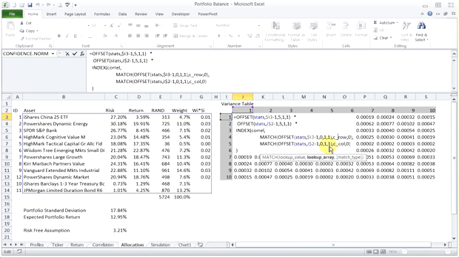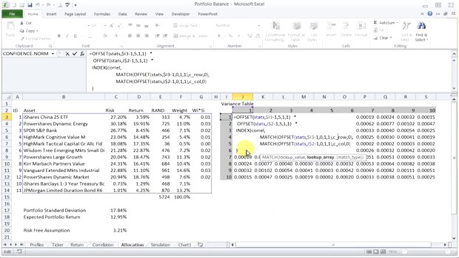So this is the way to get around the fact that you can't simply use VLOOKUP and HLOOKUP to do this. You have to use offset and index and match to get around this. But basically what I'm doing is a really kind of grown-up version of VLOOKUP. And that's all there is to it.